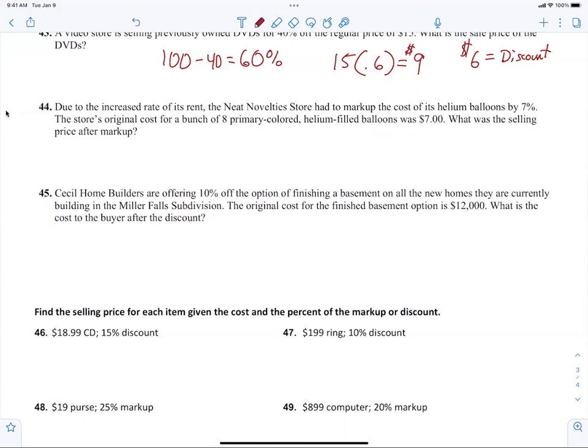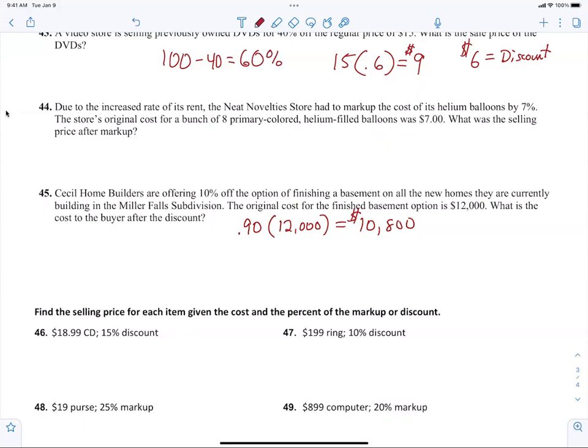So what we'll do is subtract 100 minus 10, which will get 90, but since it's a percent, we change it to a decimal, which is 0.90 or 0.9, whichever one. Then we multiply it times 12,000, which will get our answer of 10,800. $10,800. That's exactly right. So instead of paying 12,000, you only have to pay what? 10,800.